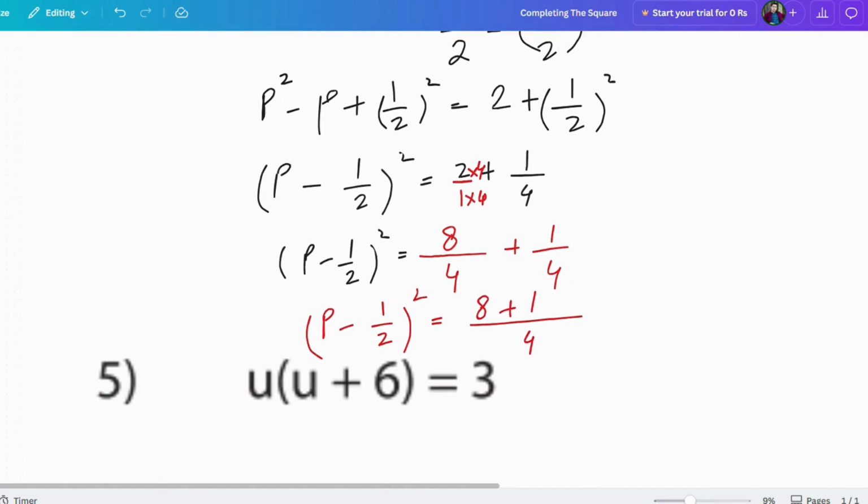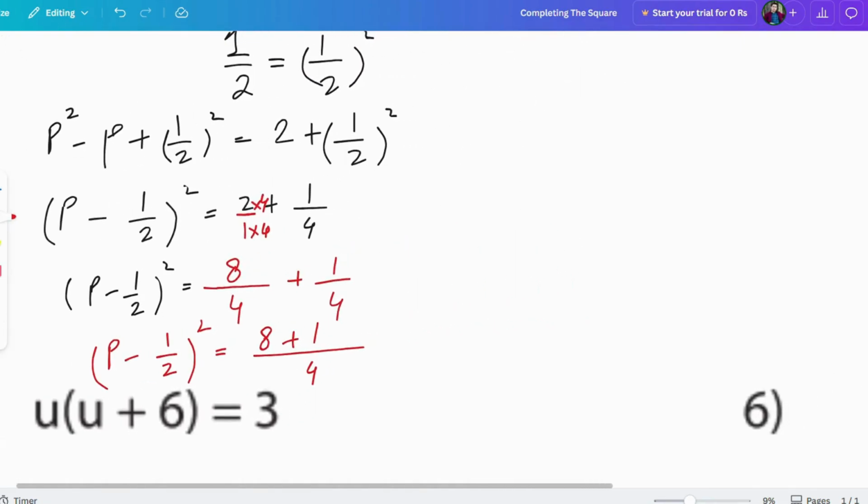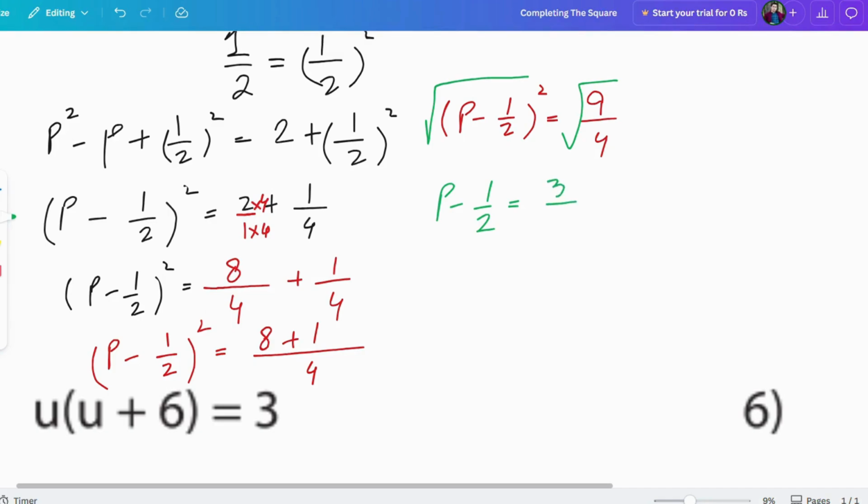Now if I further solve it, I just need to take the radical. So p minus 1 over 2 whole square is equivalent to 9 over 4. After that I will take the radical on both sides. So it will become p minus 1 over 2 is equivalent to 3 over 2 with the plus minus sign, okay?